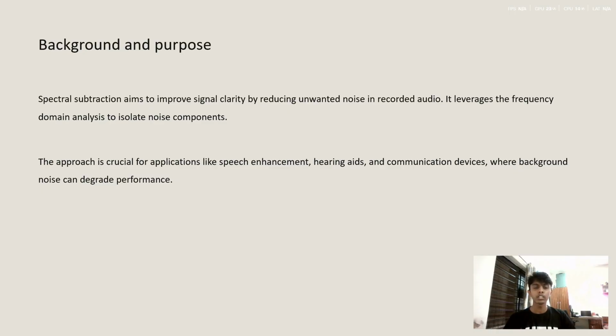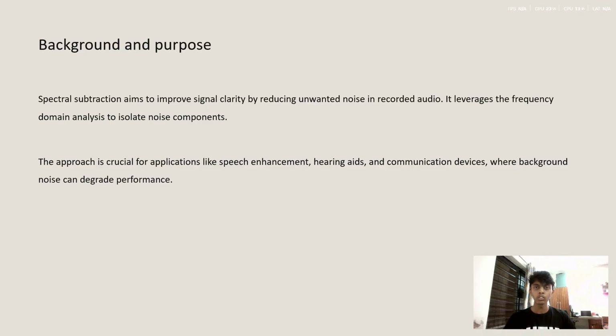The first step that we do is convert the audio signal into the frequency domain. Why do we have to convert it into the frequency domain, you might ask? The answer is that noise is non-uniform across the frequency domain.